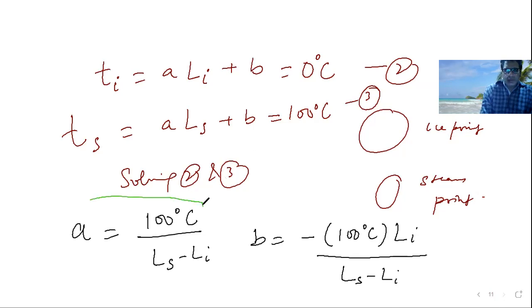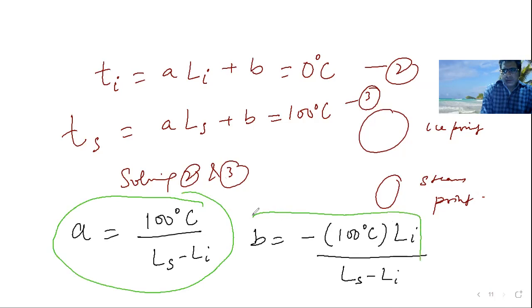Now from these two equations I can solve for the slope A and intercept B, right?